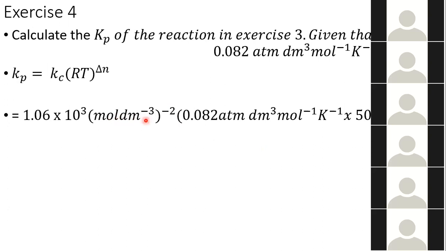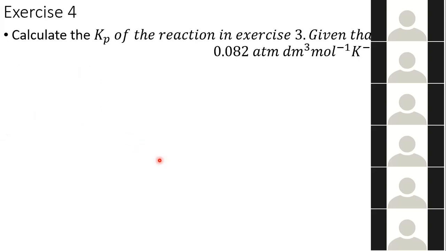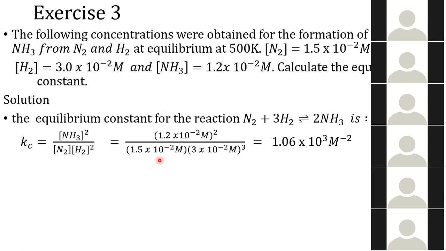So I have my Kc. We calculated that as 1.06 times 10 to the power 3. That value there has the units. The -2 is affecting only the unit. So that is molar raised to the -2.